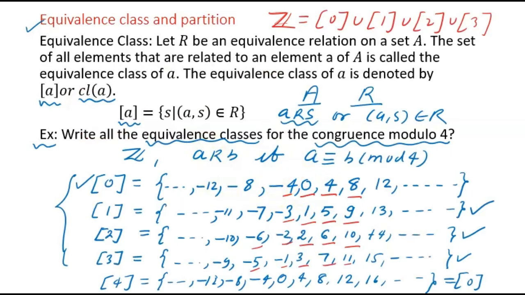We have seen that 0 is related to 4, so equivalence class of 0 is equal to equivalence class of 4. 0 is related to 8, so equivalence class of 0 is also equal to equivalence class of 8. If you look at this 9, 9 is related to 1 because 1 is congruent to 9 modulo 8. So equivalence class of 9 is equal to equivalence class of 1.